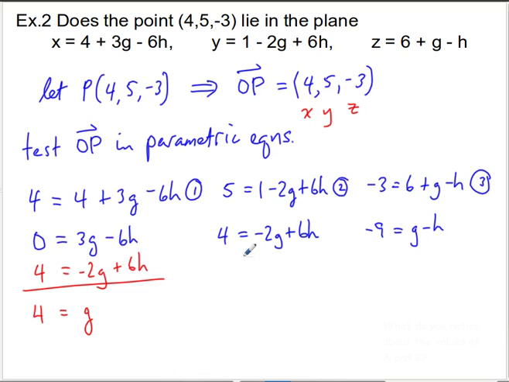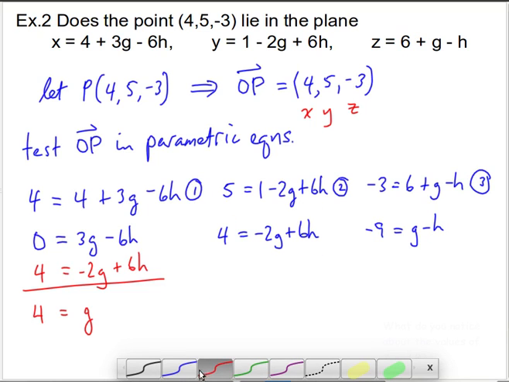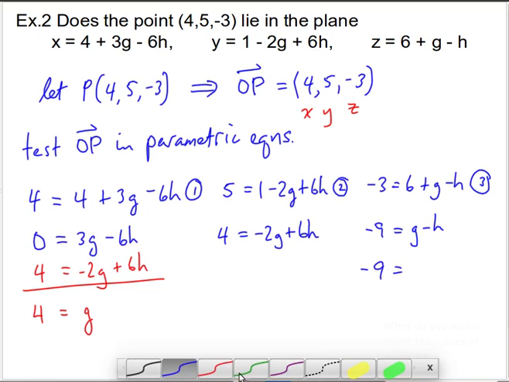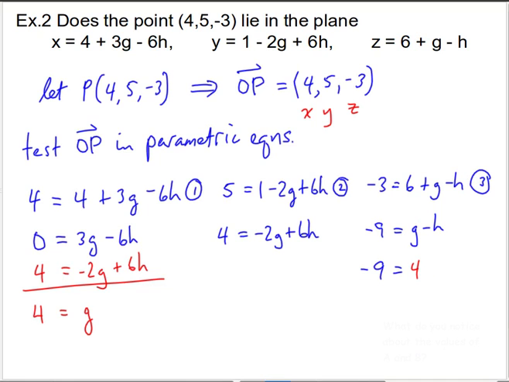It doesn't really matter here, but I'll save myself complicated arithmetic whenever possible. So negative 9 is equal to, my g value is 4, minus h. I bring the h over to the left side, and the negative 9 becomes positive 9 on the right side. I end up with h is equal to 13.